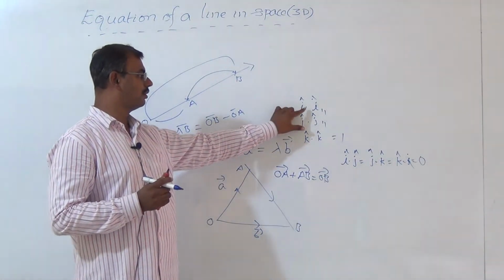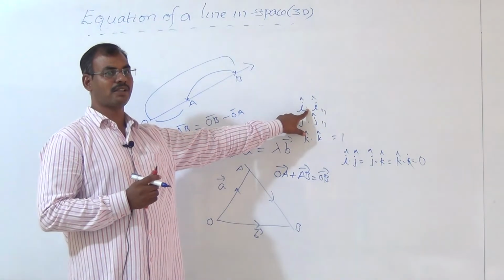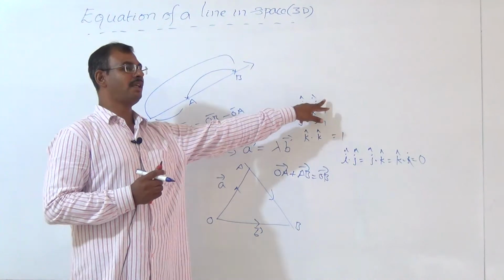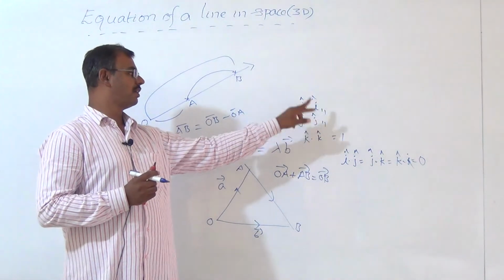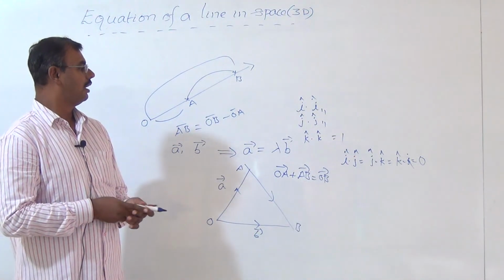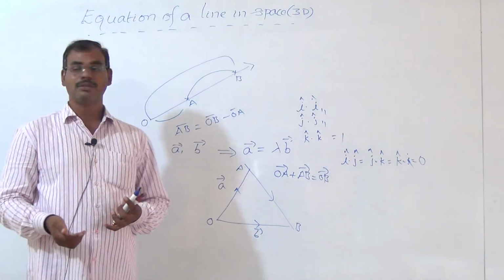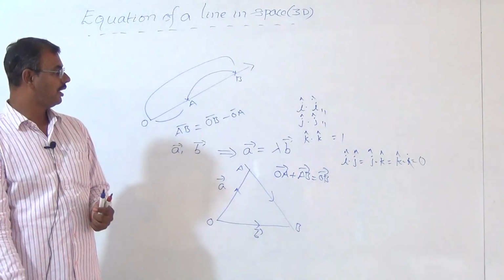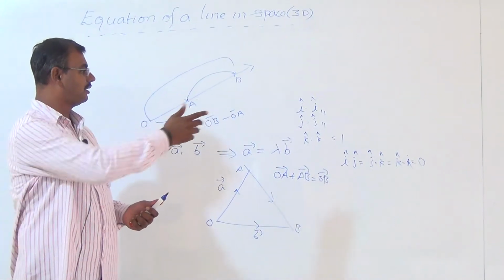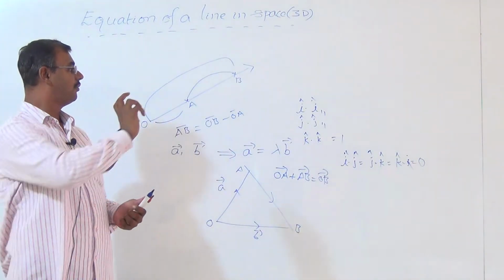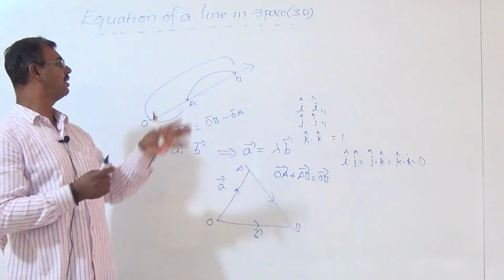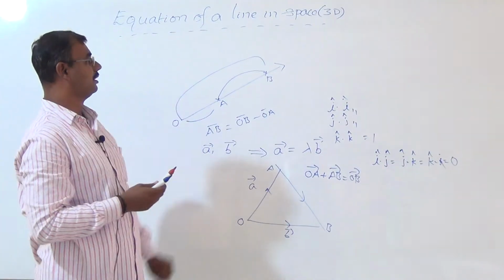In vectors we should call it dot product. i dot i is equal to 1, j dot j is equal to 1, k dot k is equal to 1, i dot j is equal to 0, j dot k is equal to 0, k dot i is equal to 0. So with different vectors, the answer will be 0. With the same vectors, the answer is 1. So this is the concept of vectors only.